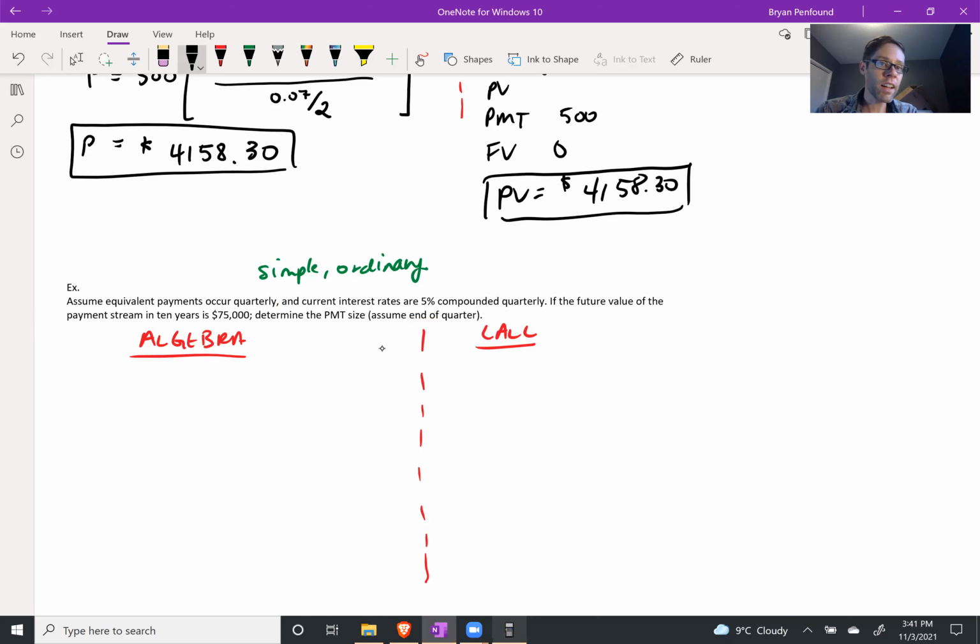That means I can just go right to my formula sheet and grab the formula from the ordinary annuities section without having to calculate I2. So I'm going to take the future value formula. Alexander, that's correct. Since F1 is equal to F2, you know it's a simple annuity.